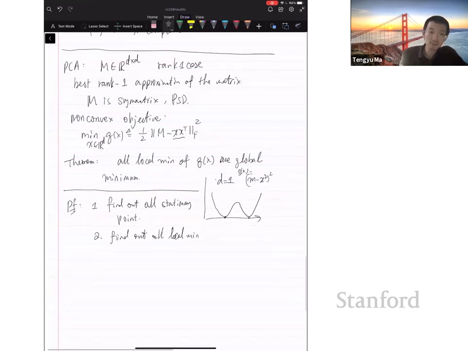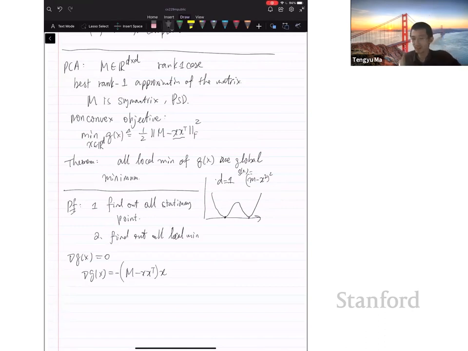So let's first use the stationary point, the gradient condition. The gradient of g of x is 0, and what is the gradient of g of x? I'm not going to give a detailed calculation here, but believe me, it equals minus this times x. I think this is actually a question in homework 0, maybe question 2 or question 3, about how to compute a gradient.